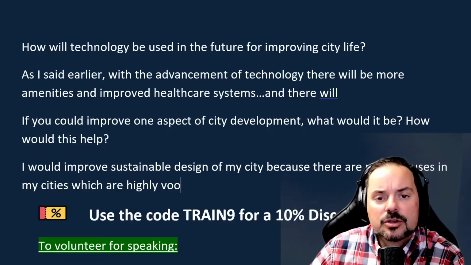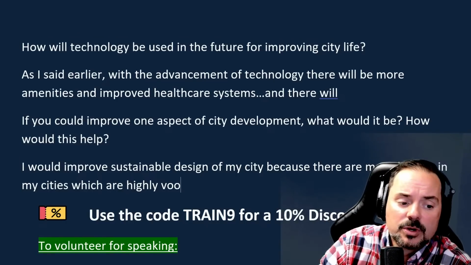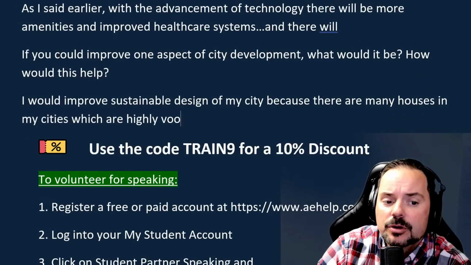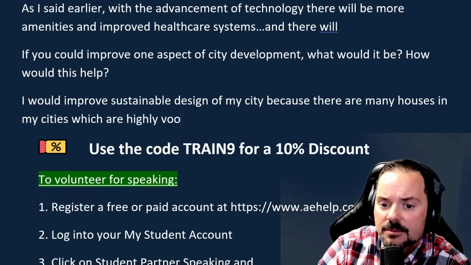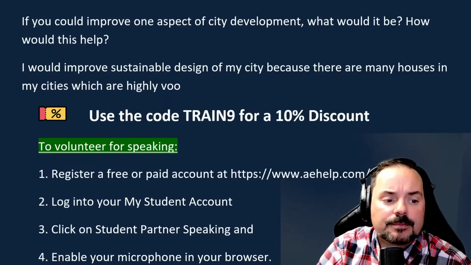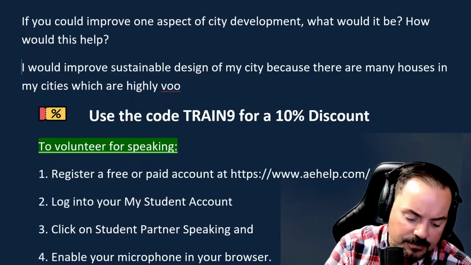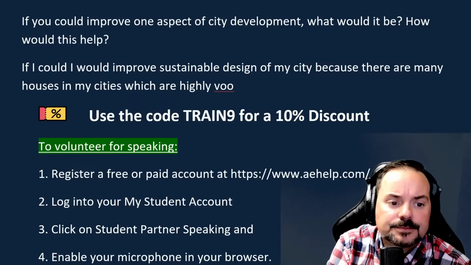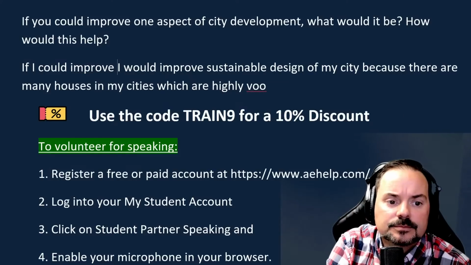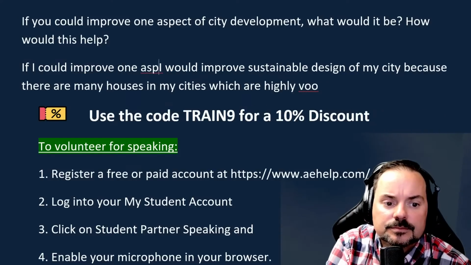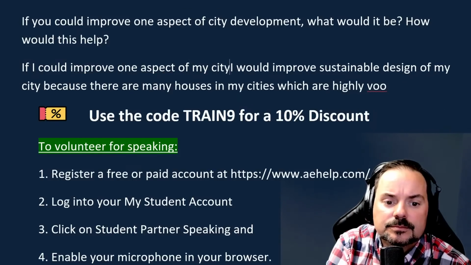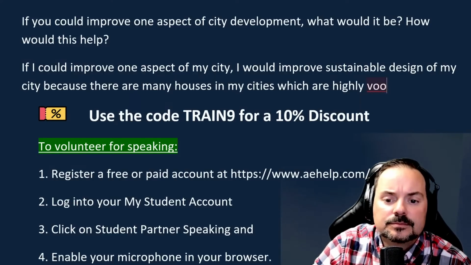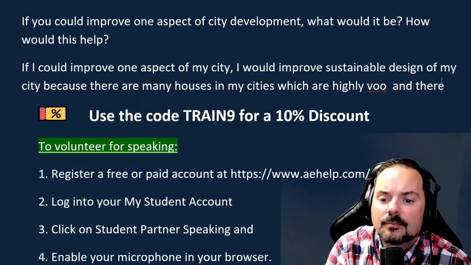Okay. Can you just say the beginning of that answer one more time, Anahita, but use the condition in your answer? If I could improve one aspect of city development, it would be sustainable design of my city, because there are many houses in my city which are highly vulnerable to earthquakes, and therefore I would take precautions and tackle the issue.